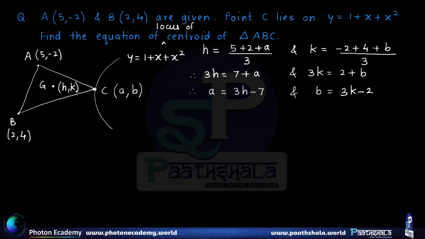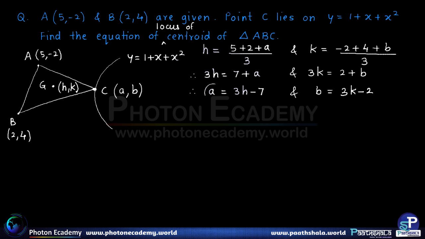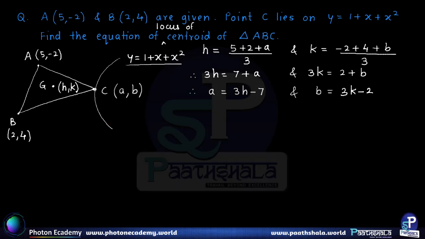Right. Now since we want the relation between h and k, we should eliminate a and b and connect only h and k. So let us ask what condition we can use to relate a and b. a and b are the coordinates of point C, isn't it? And C lies on the given curve.